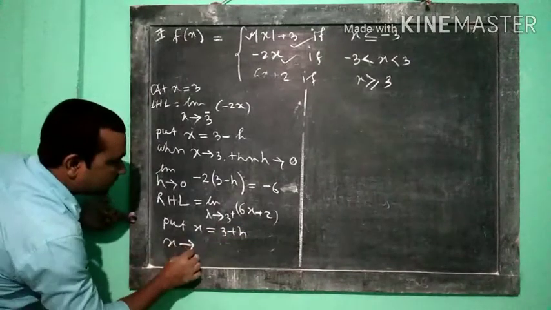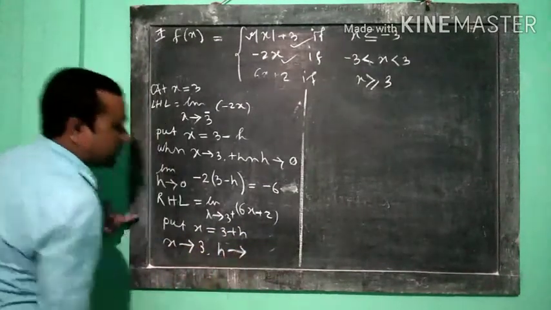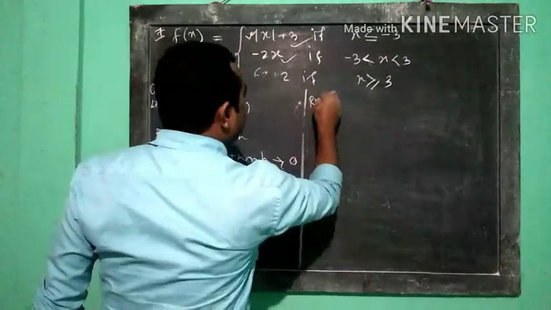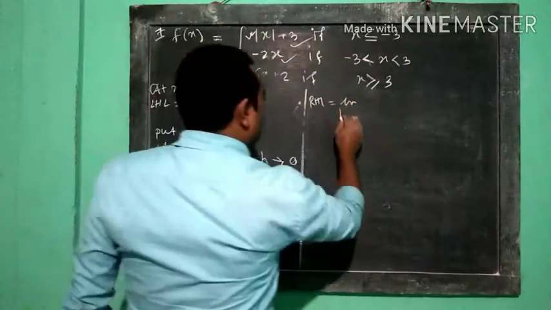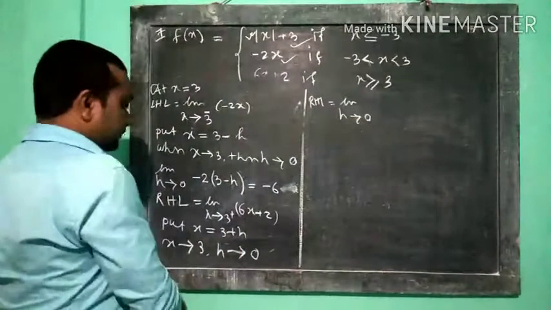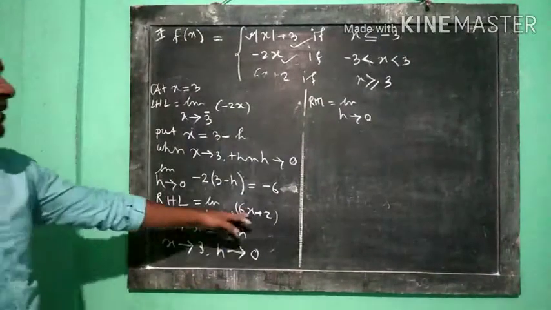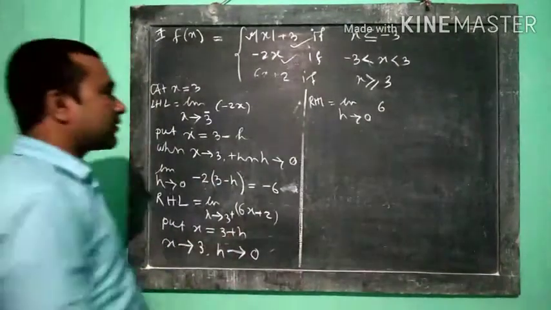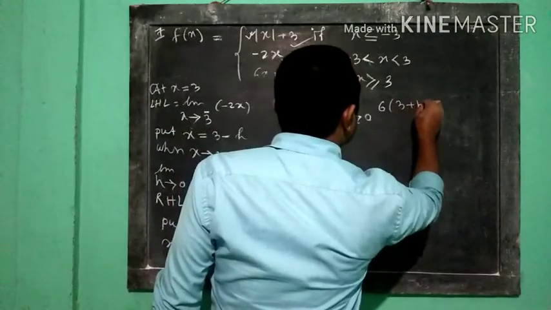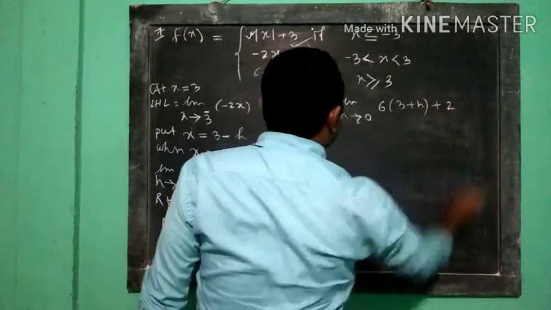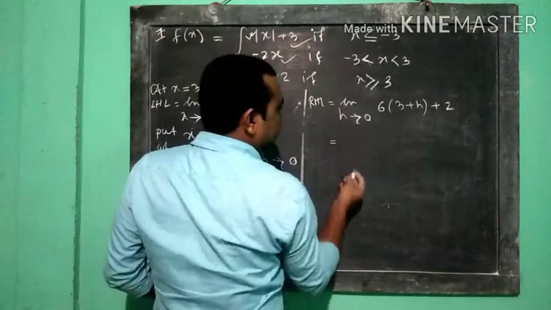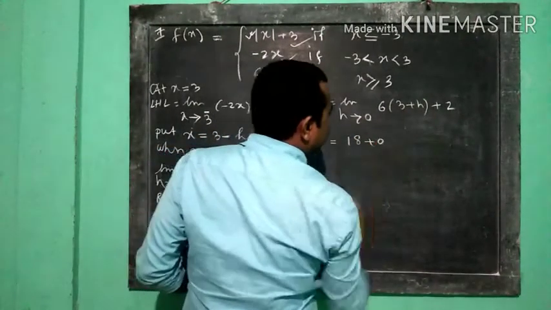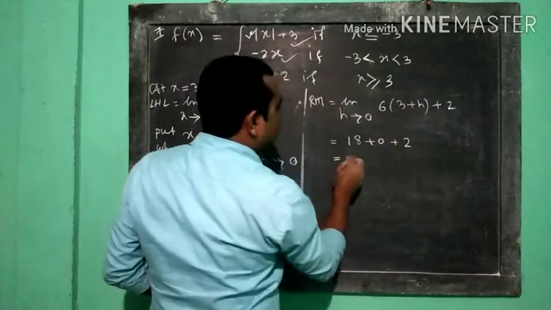When x tends to 3, then h tends to 0. So the right hand limit equals limit h tends to 0 of 6 times 3 plus h, plus 2. This is 18 plus 6h plus 2, and with h equal to 0 this is equal to 20.